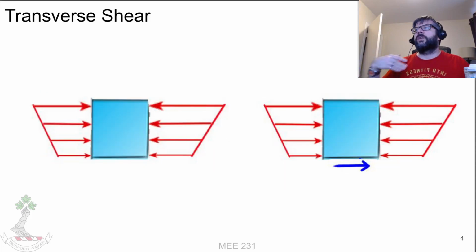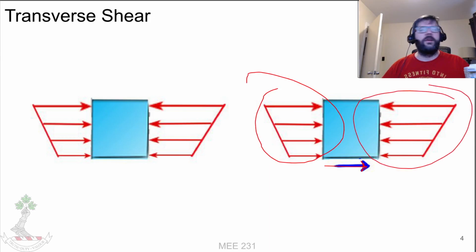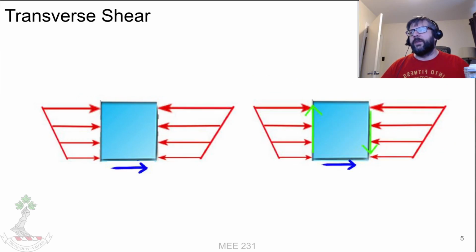In order to counteract those forces, if we take that little cube, we're going to have some sort of shear force applied at the bottom that is large enough to counteract the difference between the forces caused by bending here and here. As a result, this thing also isn't going to be in equilibrium.